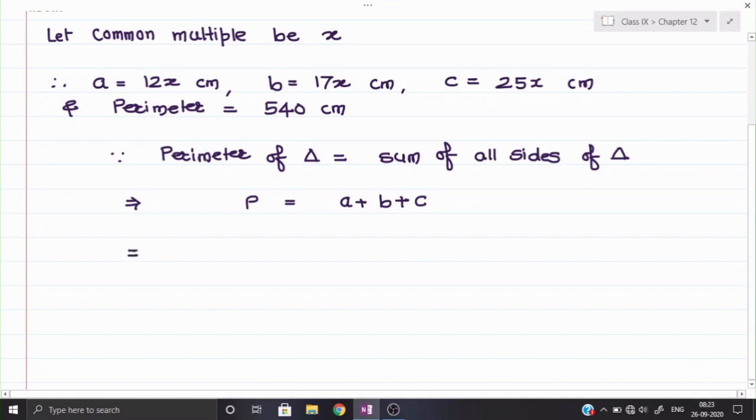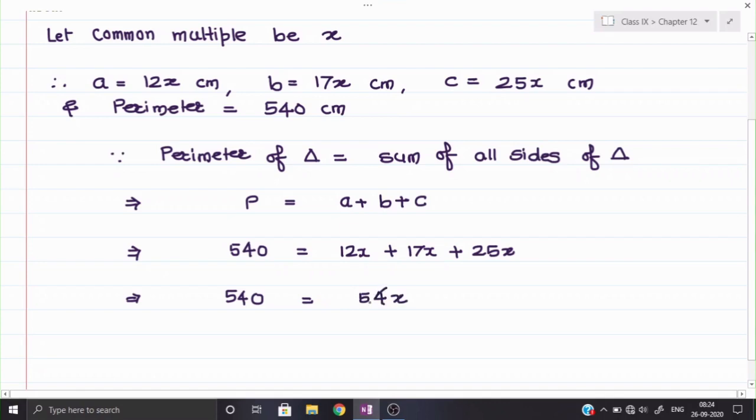Now put in the value of the perimeter. The perimeter is 540, equal to 12x plus 17x plus 25x. Now let us solve it further. 540 as it is, 12 plus 17 is 29, and 29 plus 25, I think this will come as 54x.